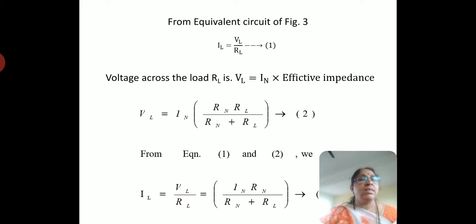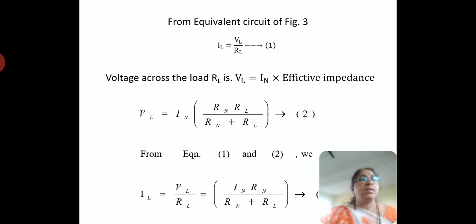Therefore, VL is equal to IN into the effective impedance. As RN and RL are connected in parallel with IN, VL is equal to IN into RN RL divided by RN plus RL. Say this is equation 2.